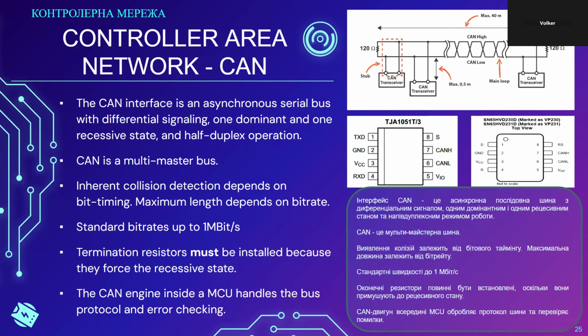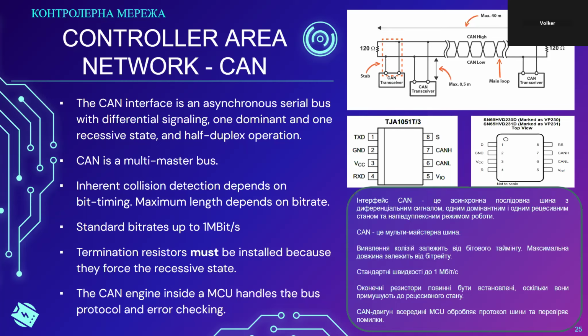The CAN bus philosophy is that the messages are very, very short. Each message has a maximum of 8 bytes. And the idea of the CAN bus is that it is a bus in an automotive environment to send important data.